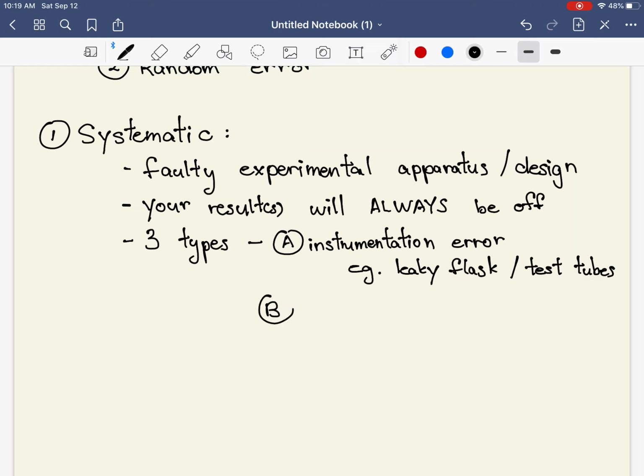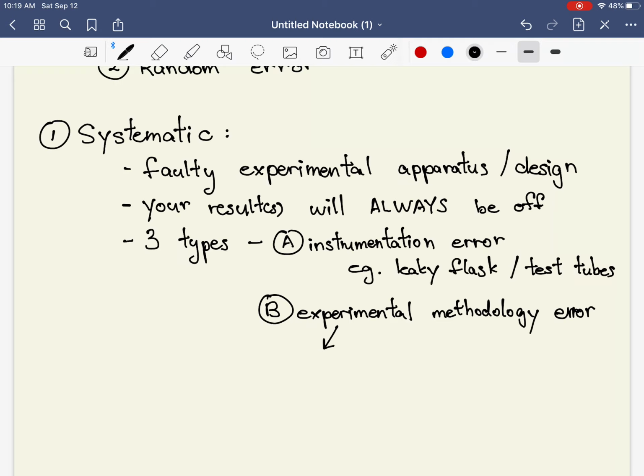Another type of systematic error is known as experimental methodology error. So it has something to do with the method of your experimentation.